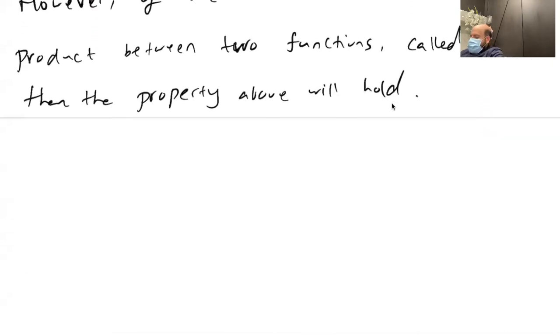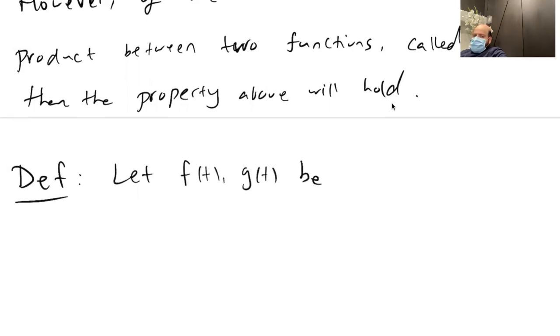So let's define the convolution, this certain type of product. Let f of t and g of t be piecewise continuous functions as before.